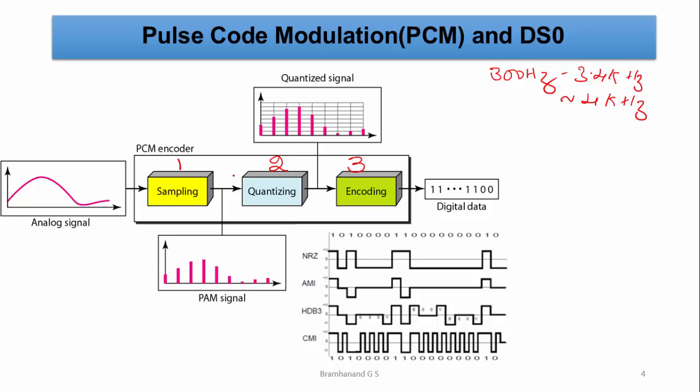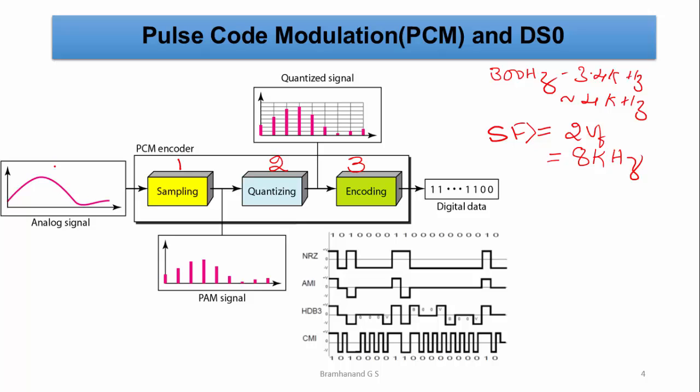What is sampling? Sampling is a process wherein I convert an analog signal into different pulses. But it has to be sampled at some rate. The sampling frequency should be greater than or equal to 2 times the voice frequency. It means that it should be almost equivalent to 8 kilohertz. This is based on the great scientist Nyquist.